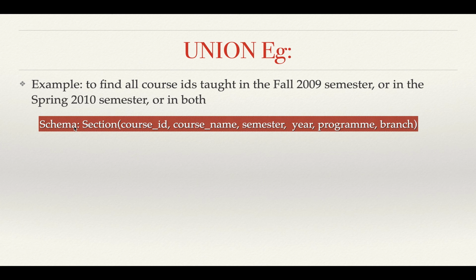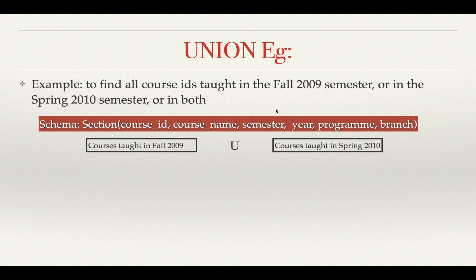Now let us assume that the schema on which you have to perform this query is section. The relation name is section and it has attributes course ID, course name, semester, year, program, branch. Now what you have to find is courses taught in fall 2009 and courses taught in spring 2010.